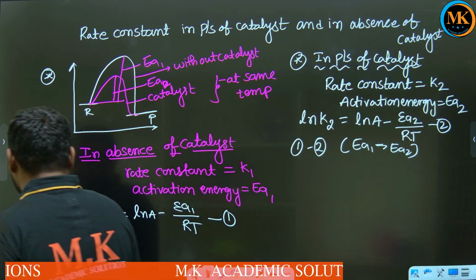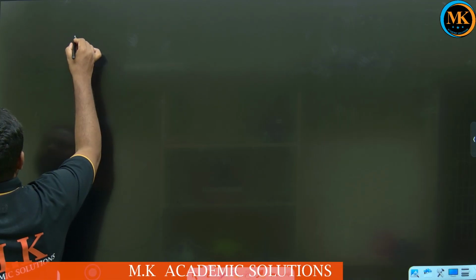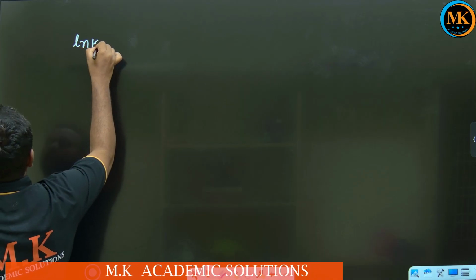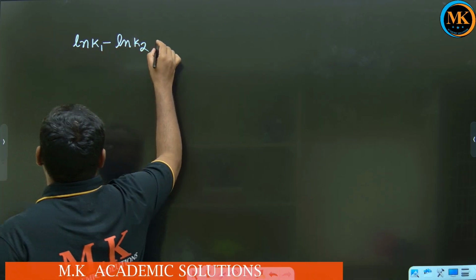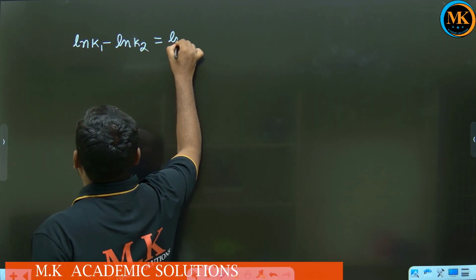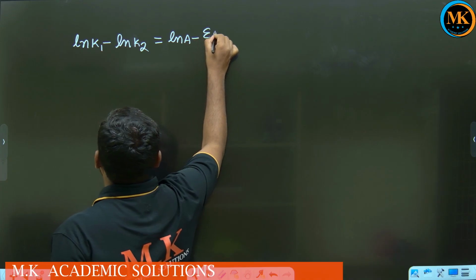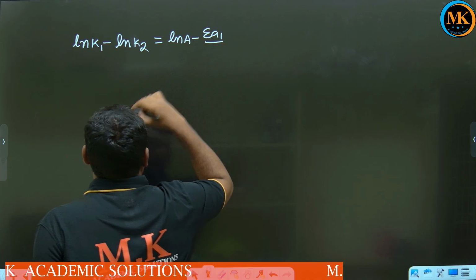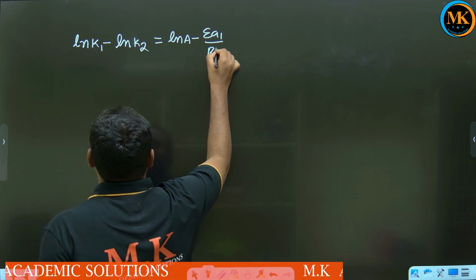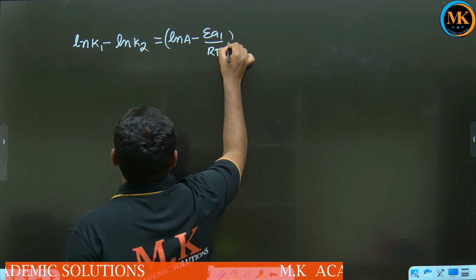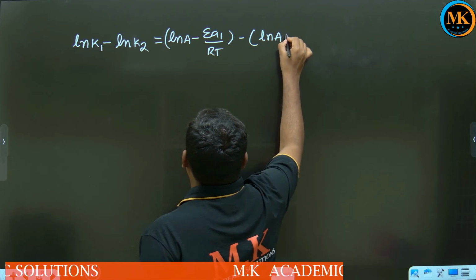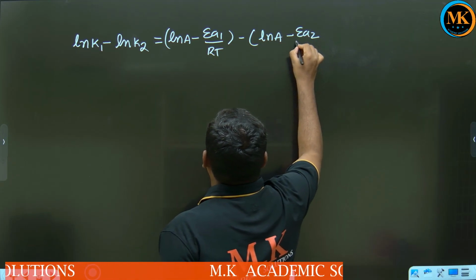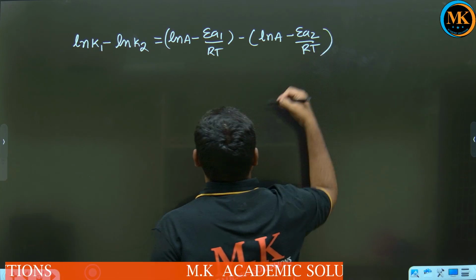So what you will get here, children? ln K1 minus ln K2 equals ln A minus EA1 by RT minus ln A minus EA2 by RT.